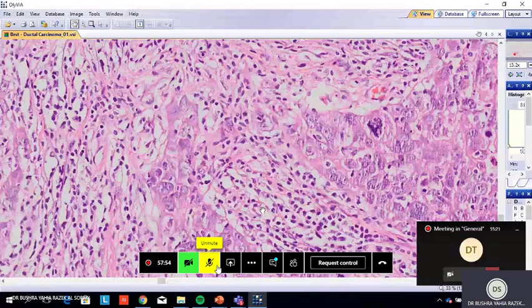Okay. Understood how to describe? Doctor, what reaction was it again? Desmoplastic reaction. Desmo, yeah, desmo, plastic.